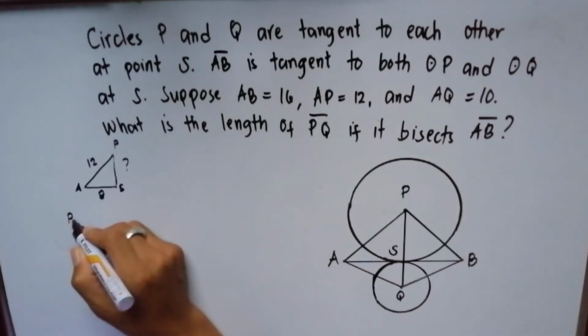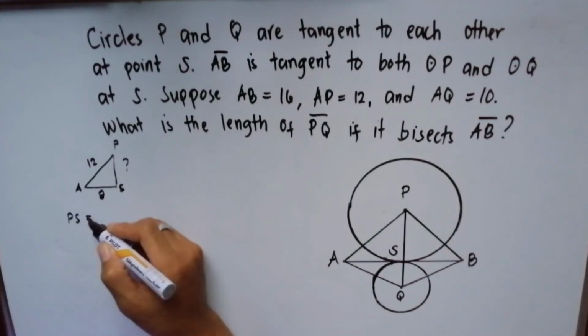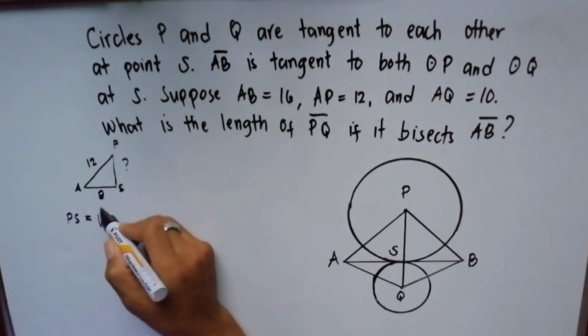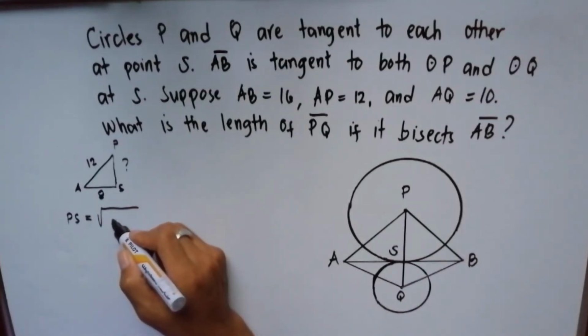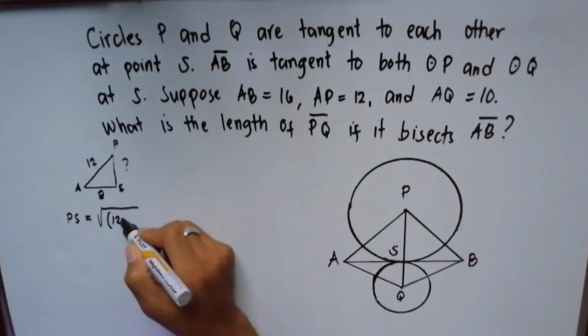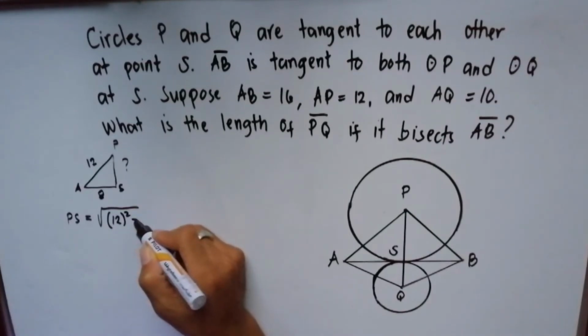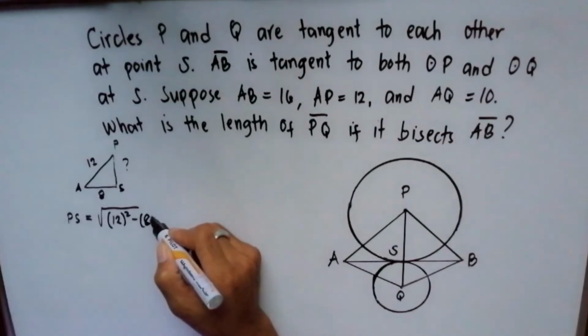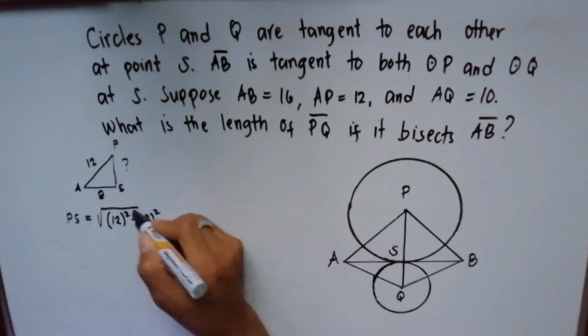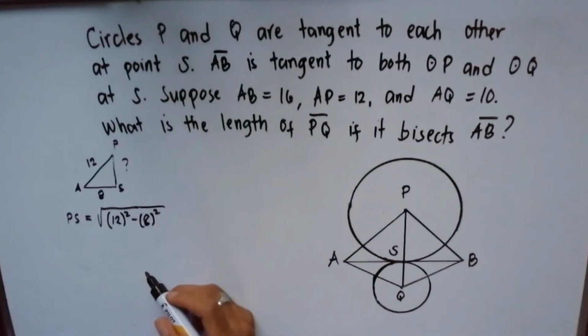PS is equal to the square root of 12 squared minus 8 squared.